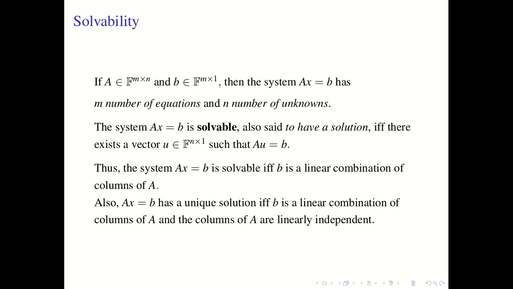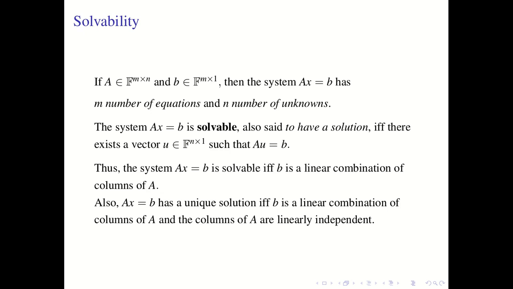Given a matrix A in F^(m×n), that is an m by n matrix A, and a vector b in F^(m×1), the column matrix b, then the system Ax equal to b has m equations in n unknowns.